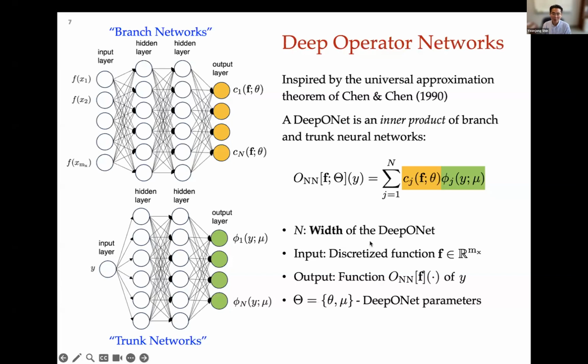But if you happen to know what N refers to, just let me know, then I can correct it. At the moment, let's say this is the width of the DeepONet. The input f is the discretized function from a certain f, and the output is a function of n, y. The overall parameters of the DeepONet are the collection of the branch parameters zeta and the trunk parameters mu. So that is the architecture.